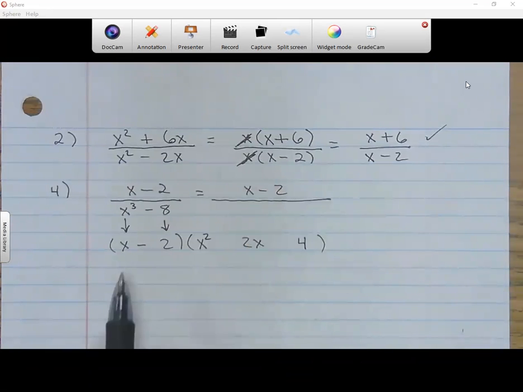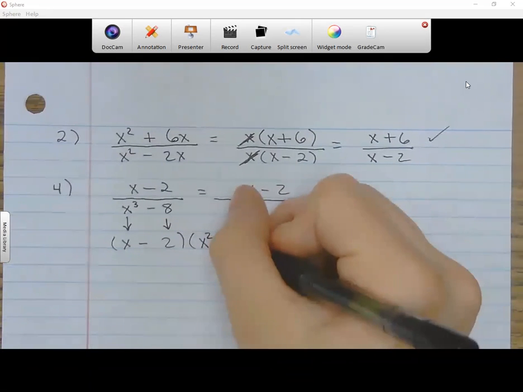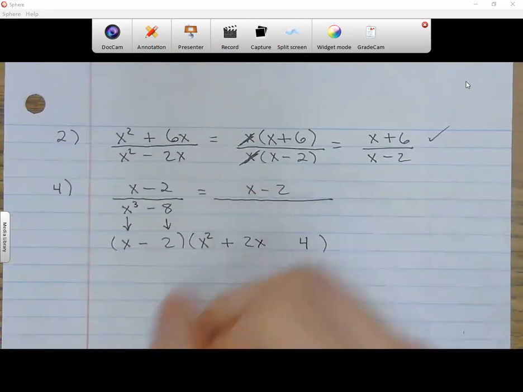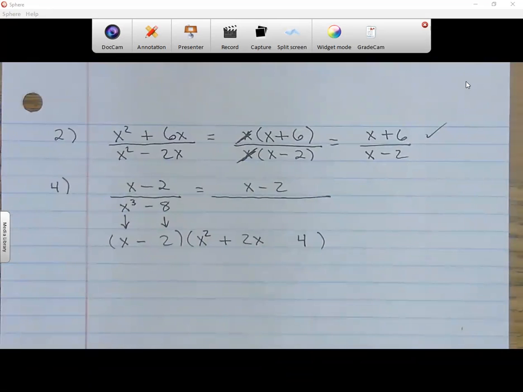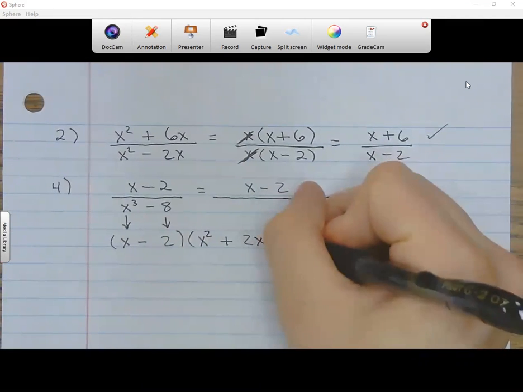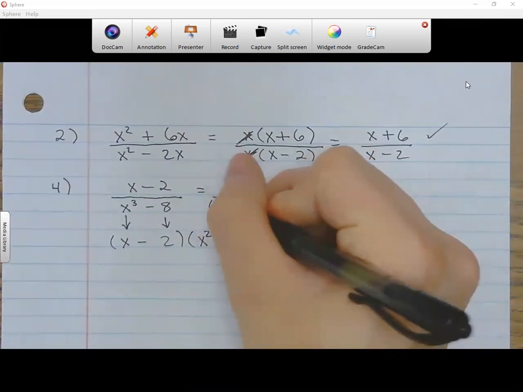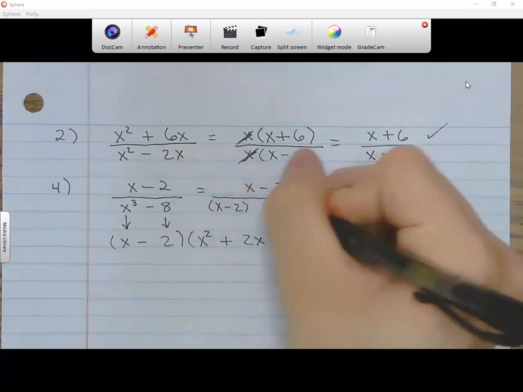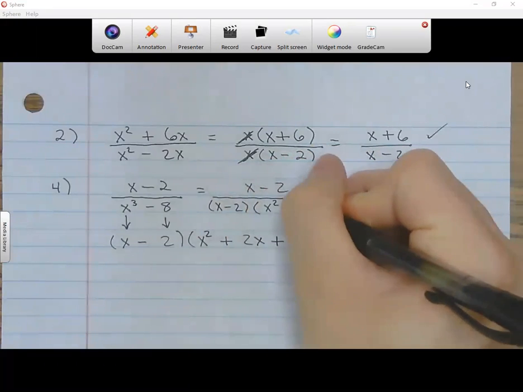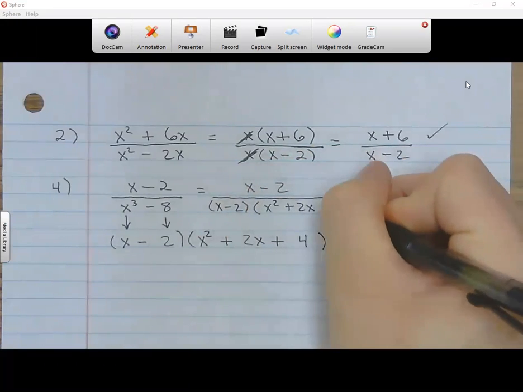If I start off with a minus, then I'm going to change it to a plus. That's what the O means, opposite. Then the last two letters, AP, that stands for always positive, so I put a plus down. All right, so that's how I factor the bottom part. So let me write it up here. X minus 2, x squared plus 2x plus 4.